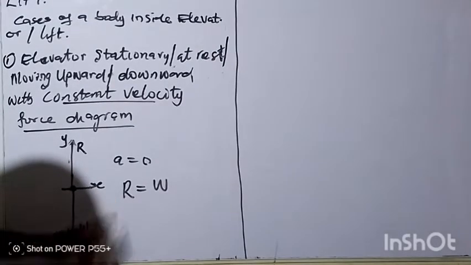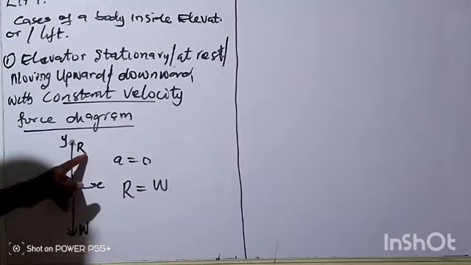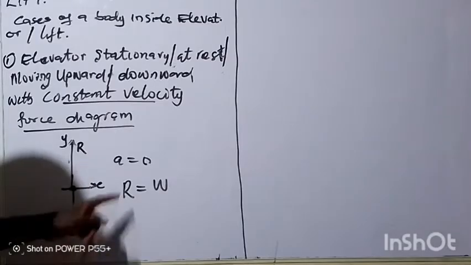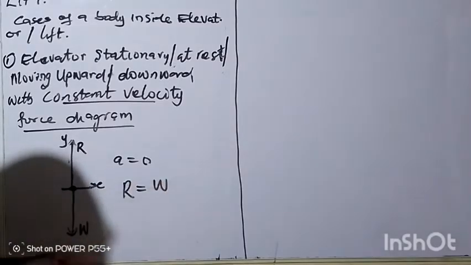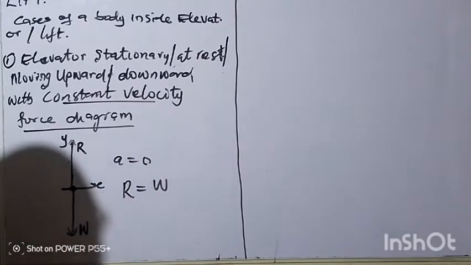Now, as I said earlier, according to the diagram on the board, R is the reaction of the floor of the elevator on the body. We said it will be equal to W, which is the weight of the body, which is the action. At the same time, we said a will be equal to 0.